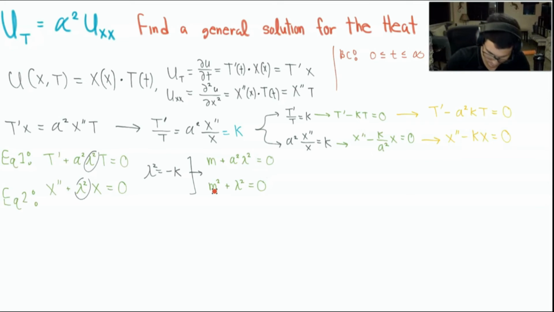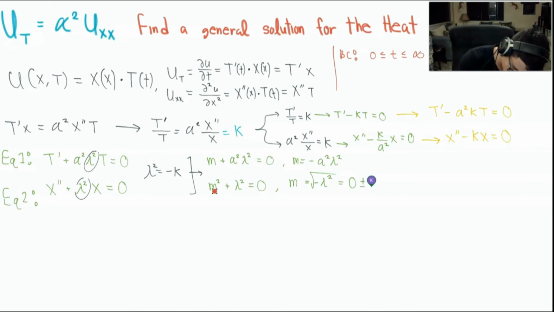So m squared is equal to negative lambda squared, and what does that mean? It's 0 plus or minus i lambda.